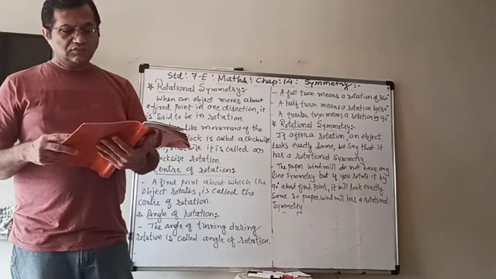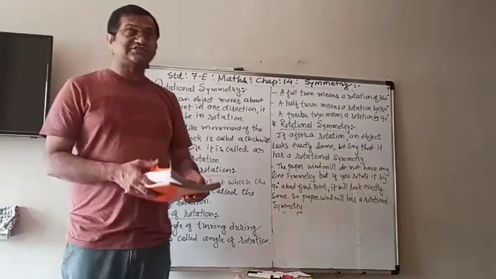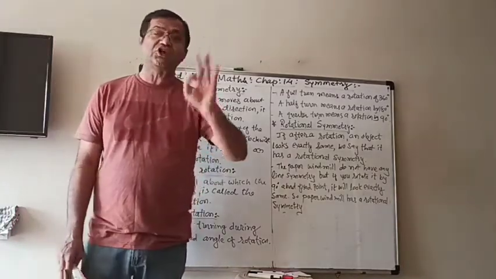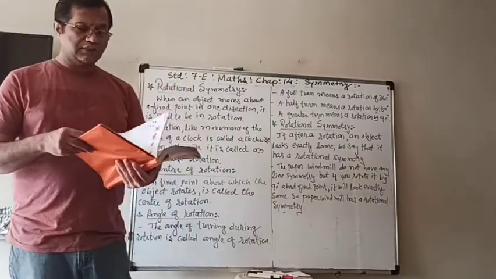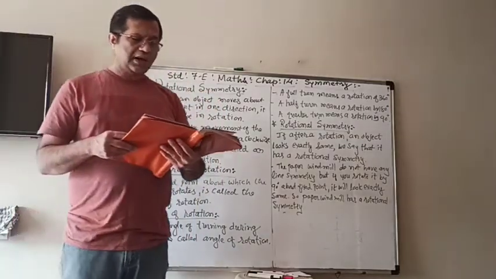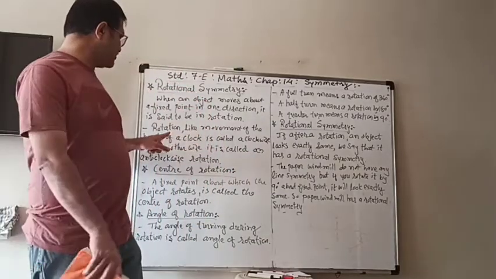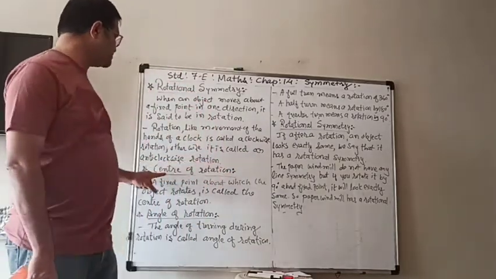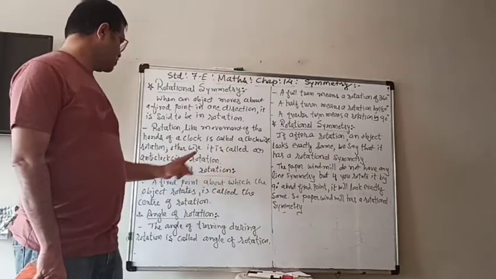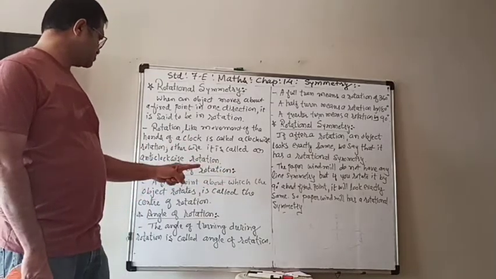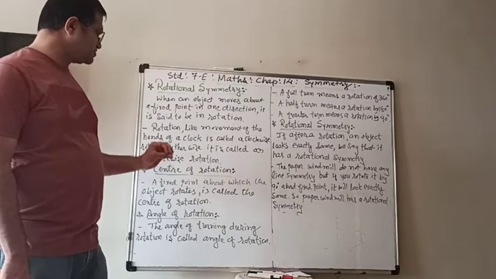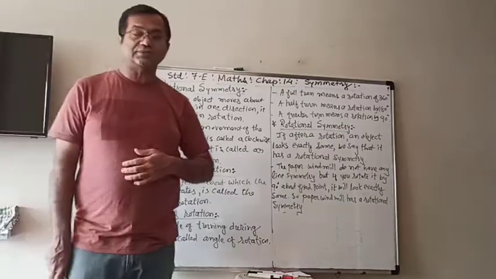So now, when the object rotates, its size or shape is not changing, but it is just moving about the fixed point. And that fixed point is known as the center of rotation. So a fixed point about which the object rotates is called the center of rotation.